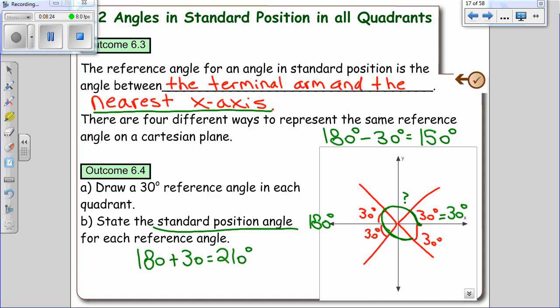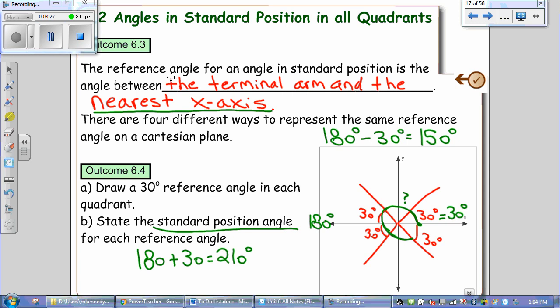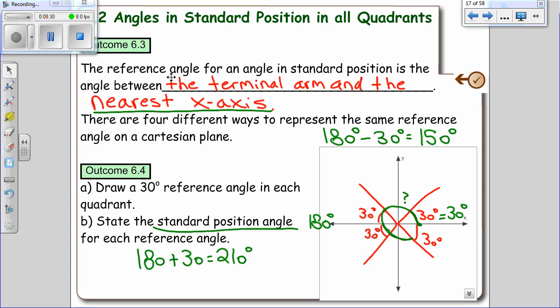If I'm looking at this standard position angle that went from positive x all the way around to this terminal arm down here, the only thing I know is that this inside is 30. If I had done a full circle all the way back to the starting point, how much would that have been? It would have been 360. But I didn't make it all the way around to 360. I made it 360 minus 30. So your answer would be 330 degrees.